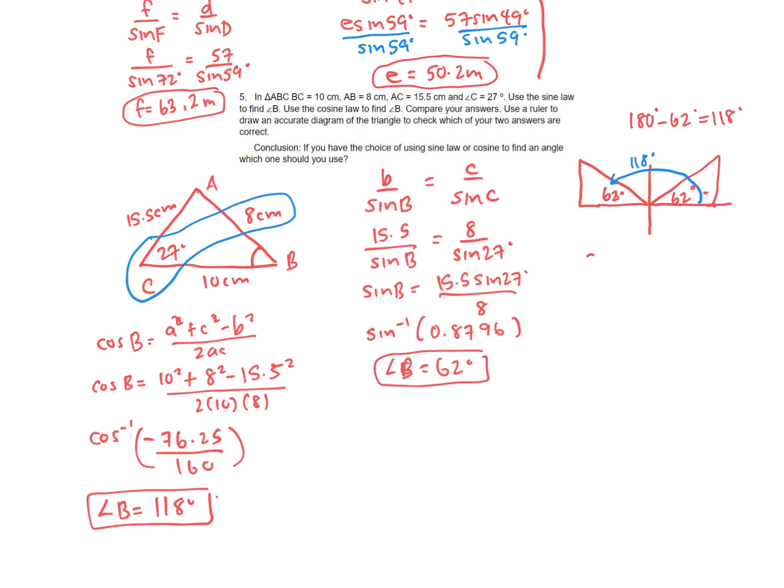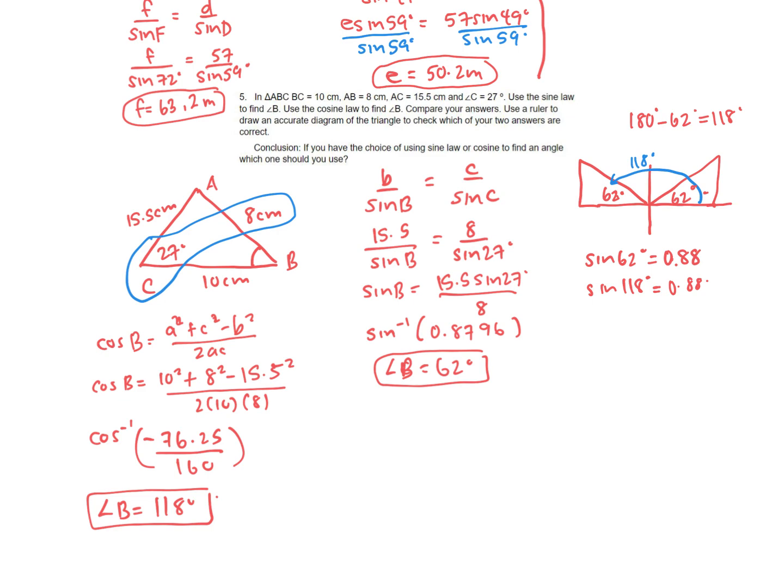So if you typed into your calculator, you'll see that the sine ratio is 0.8796. So if we did sine 62, just to verify, if I type in sine 62, I get 0.88. And if I do sine 118, I get 0.88. So I get the same ratio. That's because the related angle is the same in quadrant 1 and 2.